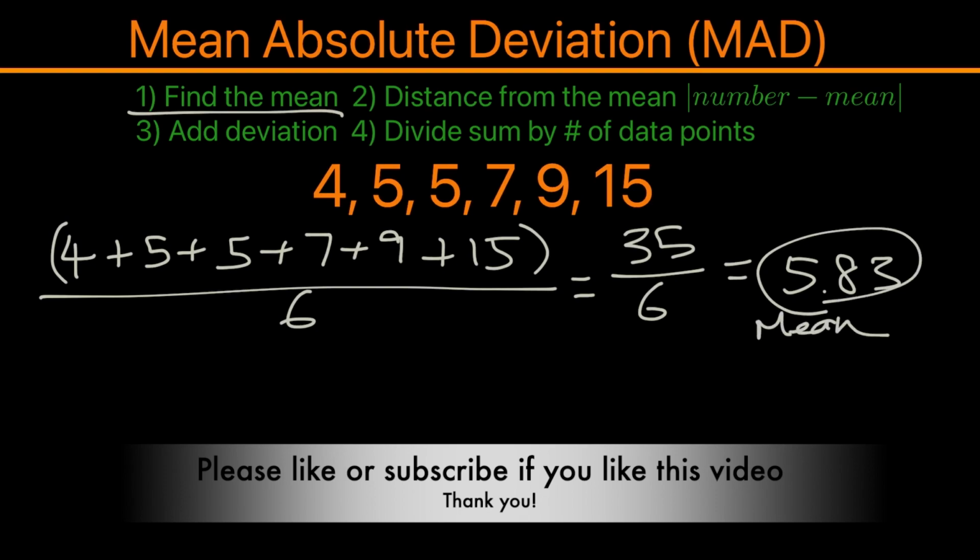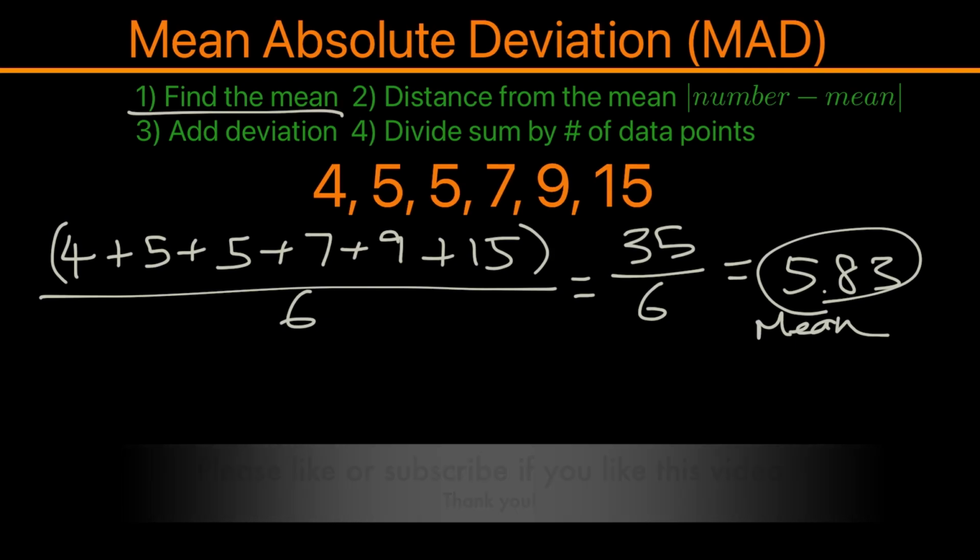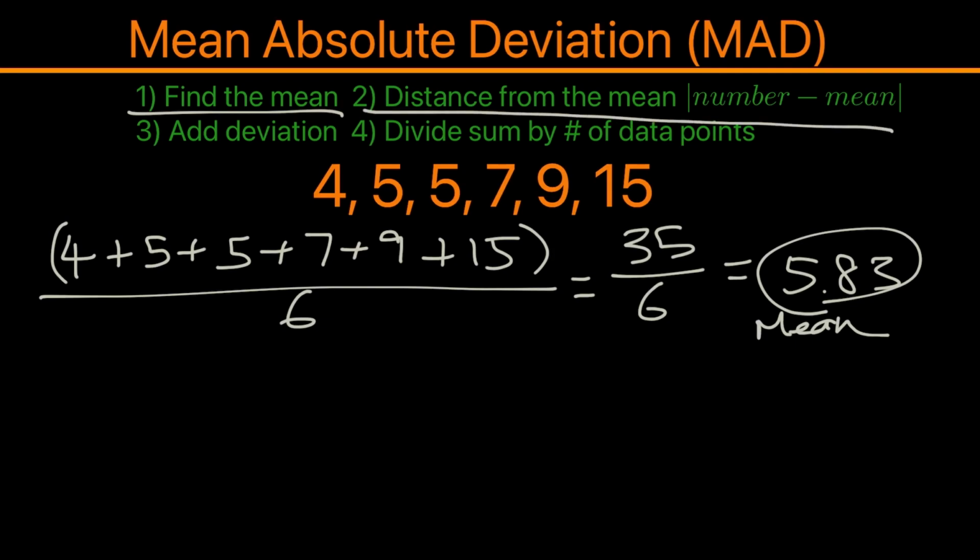Now that we have the mean, we need to go to step 2, which is to find the distance from the mean. And to do that, we would take each number minus the mean inside the absolute value. So for the first one, we have 4. So we take 4 minus 5.83 inside of the absolute value.